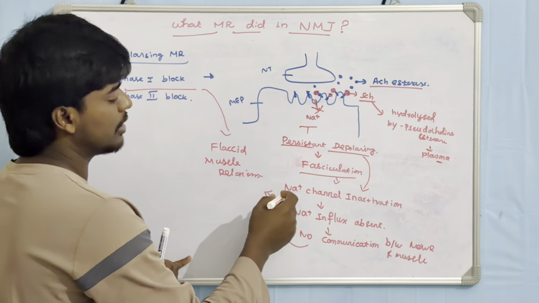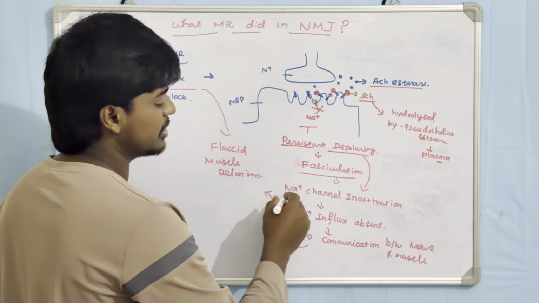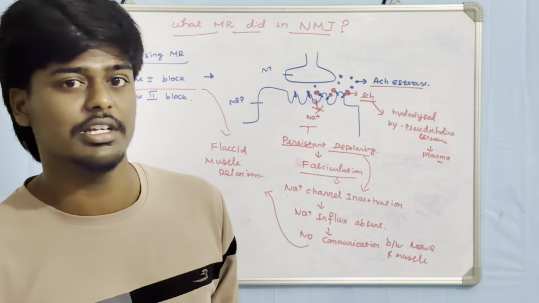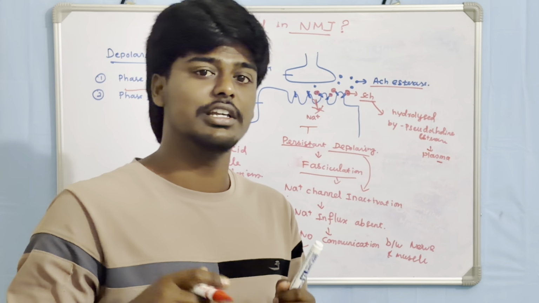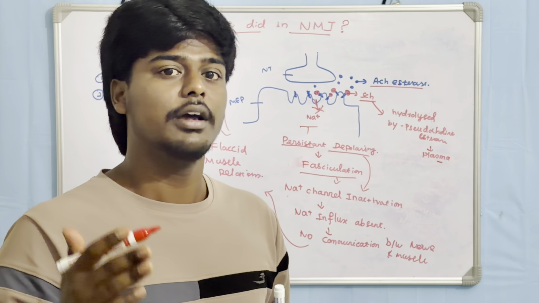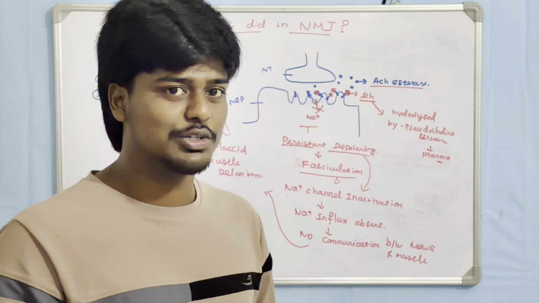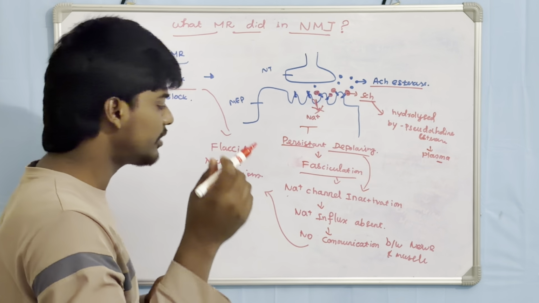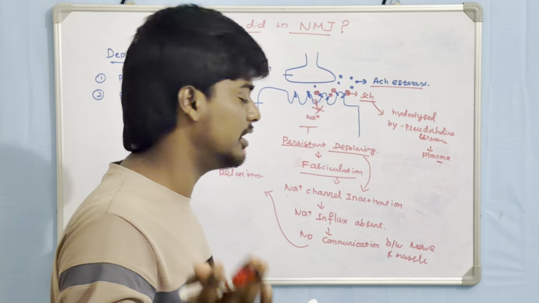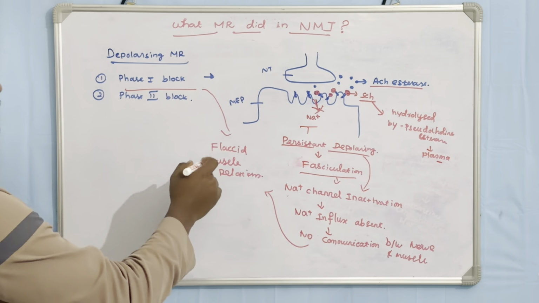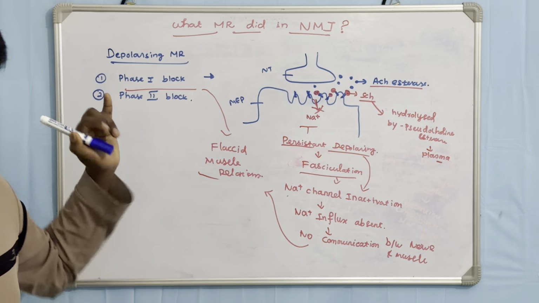After some time, because of the persistent depolarization, the sodium channel becomes inactivated, so sodium influx is absent. This blocks the communication between the nerves and the muscles, which leads to flaccid muscle relaxation. That is the phase 1 block.